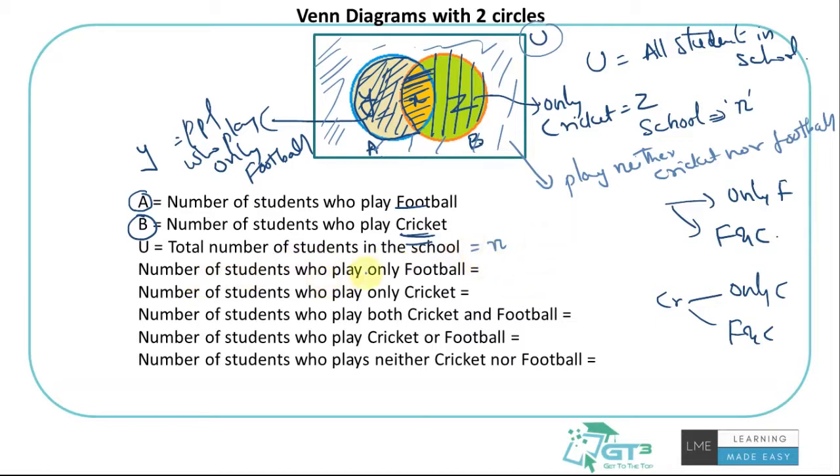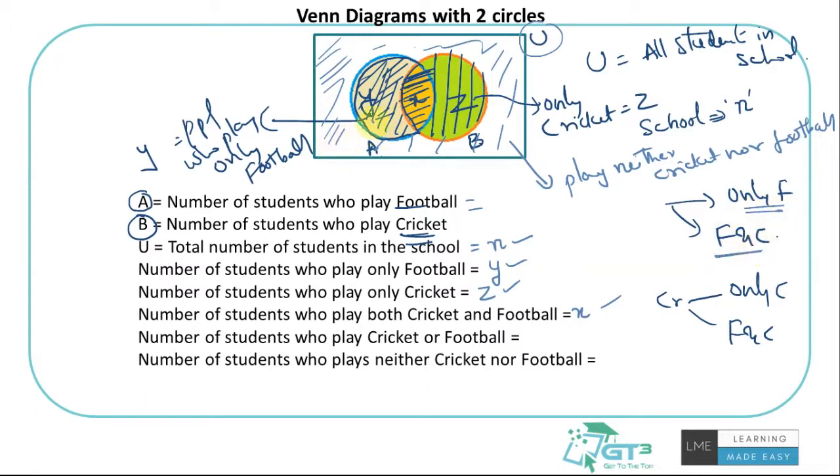So the number of students who play only football, according to our diagram, what is that? That is Y, right? The number of students who play only cricket is Z. The number of students who play both cricket and football is this zone, that is X. Now if I know these numbers, the number of students who play football is those who play only football or football and cricket.